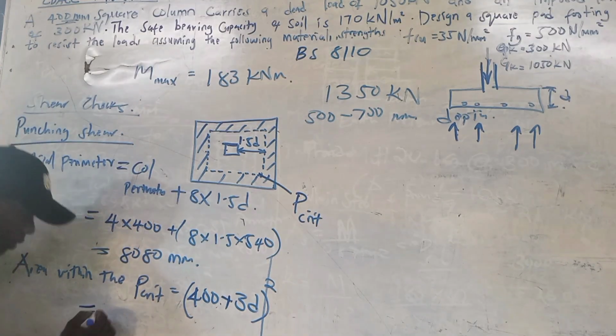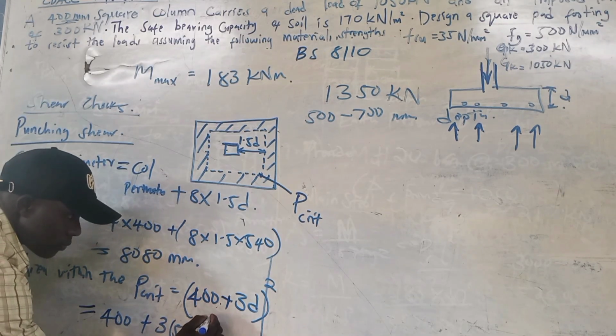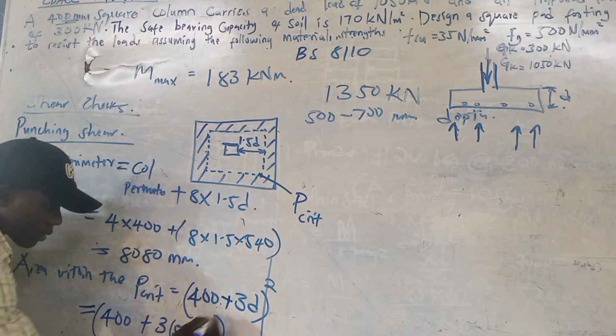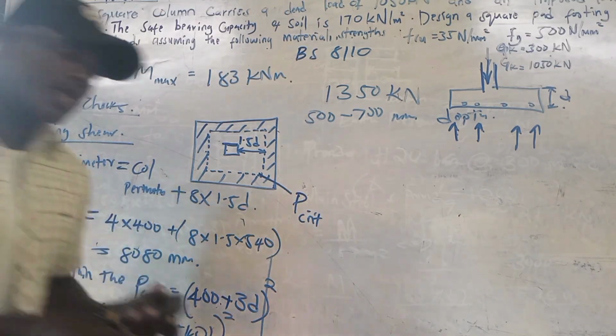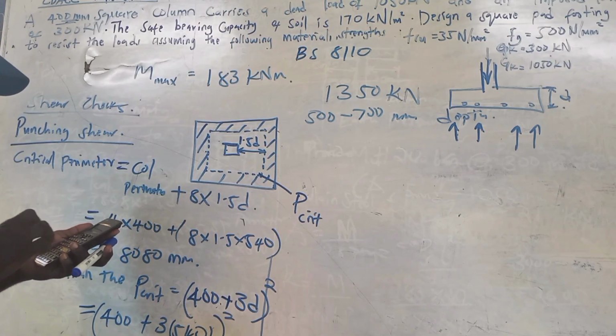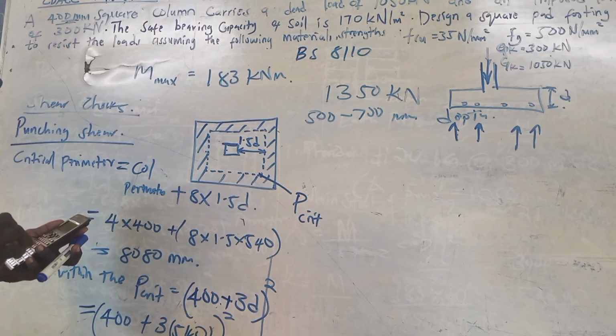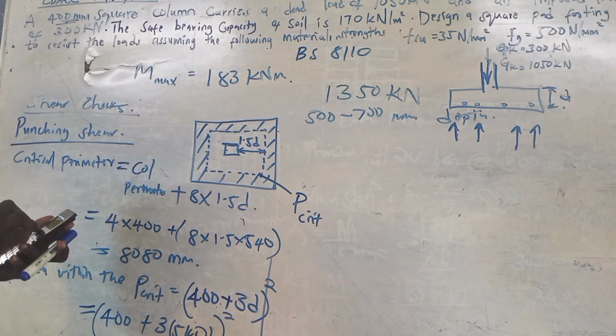So this one, you substitute it to give you the square. So you feed that into your calculator.